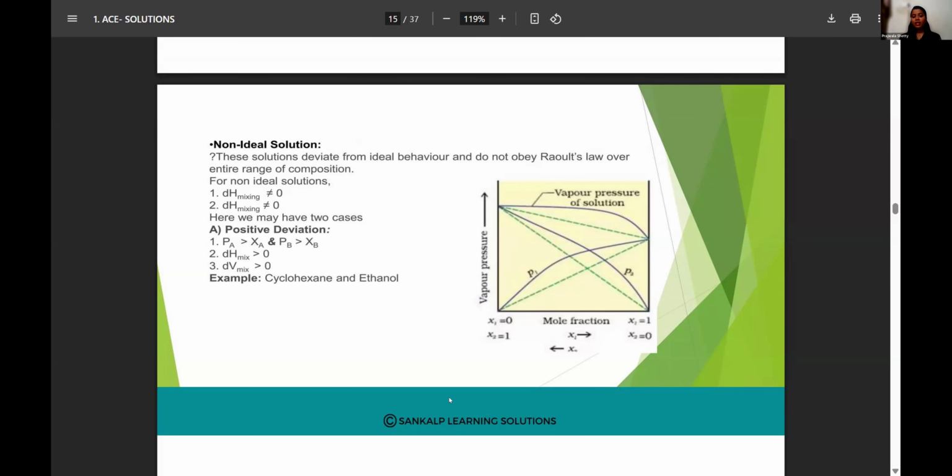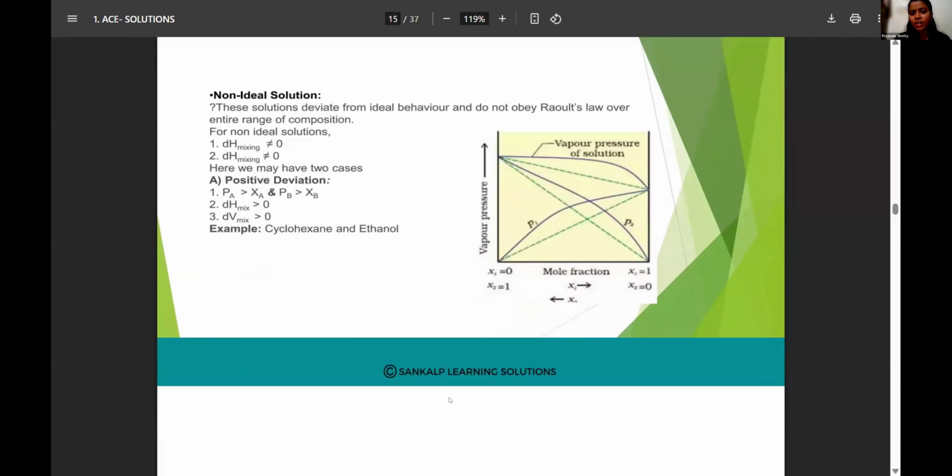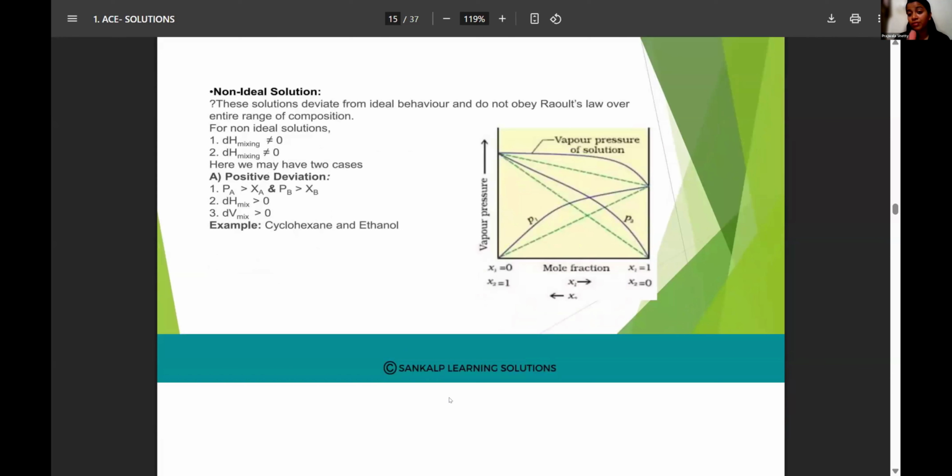Again, the volume of mixing is also not 0. These three are properties of non-ideal solution. In your exams, they'll ask you to give a difference between ideal and non-ideal solutions, so you should write these four points. The last point will be examples of them. And in non-ideal solution, you should mention that it has two types of deviation, positive and negative deviation.